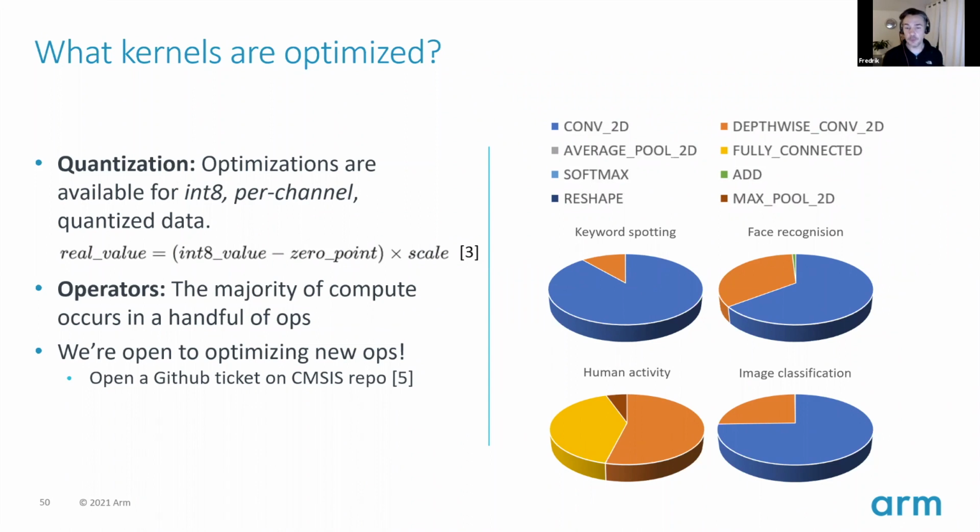As we can see from the pie charts to the right, which represent the percentage of cycles per operator, there's a lot of blue, a lot of orange, and a lot of yellow, which corresponds to cycles spent in convolutions, depthwise and normal, and fully connected. There's also some computation spent in maxpool. Those are the ones that we have focused our CMSIS-NN implementation and optimization effort on.